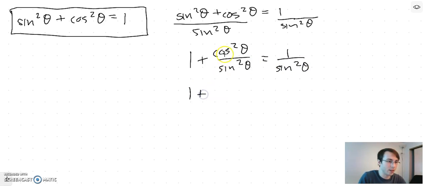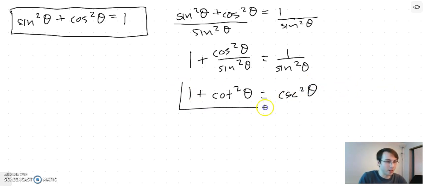Well, that's 1 plus this quantity right here, which is cotangent squared theta, because tangent is sine over cosine. So you flip it around, you get cotangent, and that is equal to cosecant squared theta. So that's another big thing.